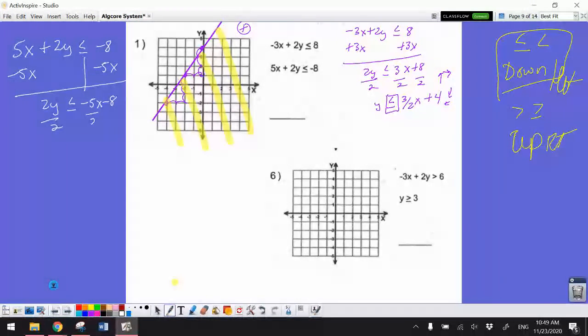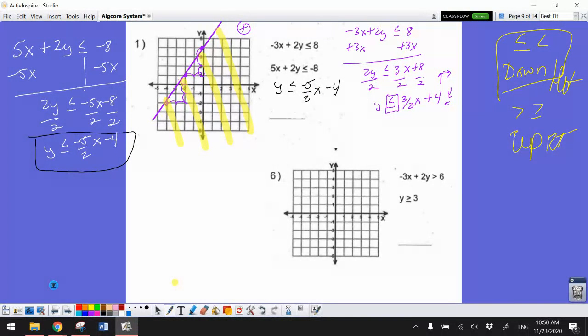And I'm dividing by 2. So y less than or equal to negative 5 over 2 is not going to change, and negative 8 divided by 2 is a minus 4. So I'm looking at y is less than or equal to negative 5 over 2x minus 4 as my equation.